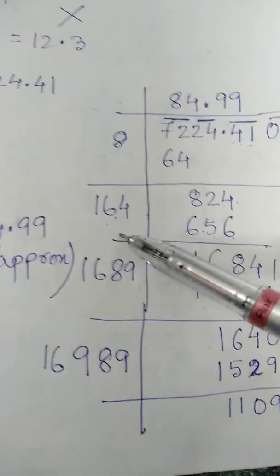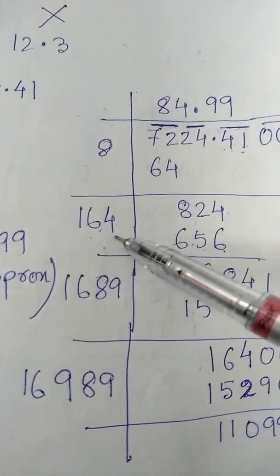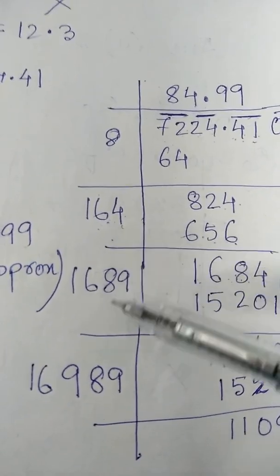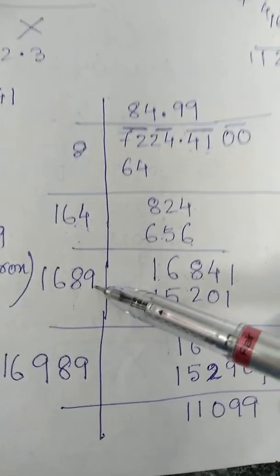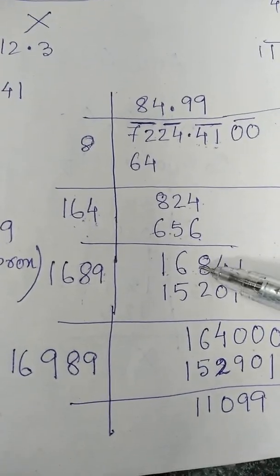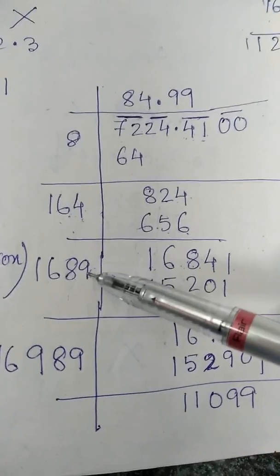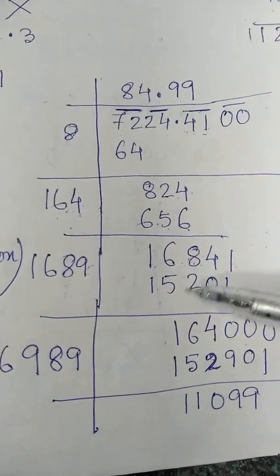Now have a look all of you here, 164. So 4 into 2 is 8, 168. Then what number will we multiply with that so that we get less than or equal to this? So it is 9. 9 nines are 81, 1689 into 9 is this much.